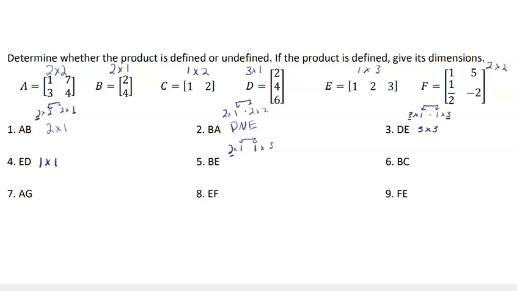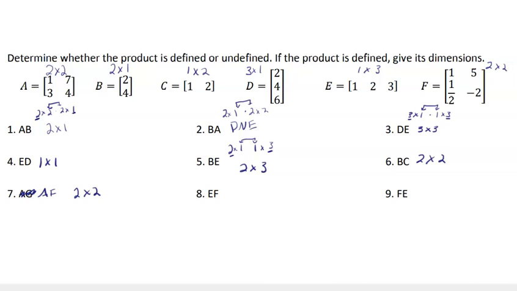And so we get out what's left, 2 by 3. BC is a 2 by 2. A times G. Obviously there's no G, so let's use AF instead. This is a 2 by 2 times a 2 by 2. So we get a 2 by 2 out.